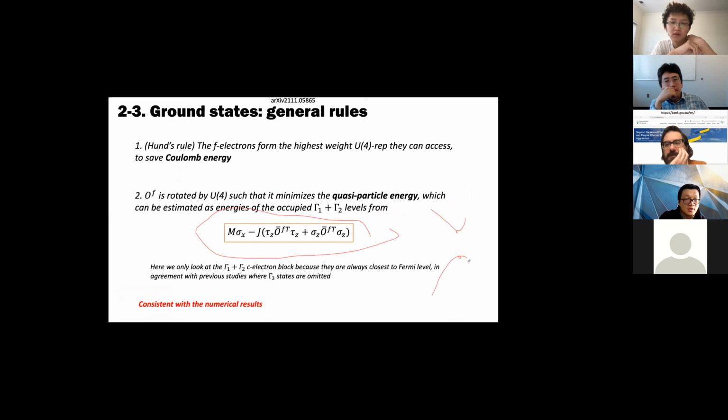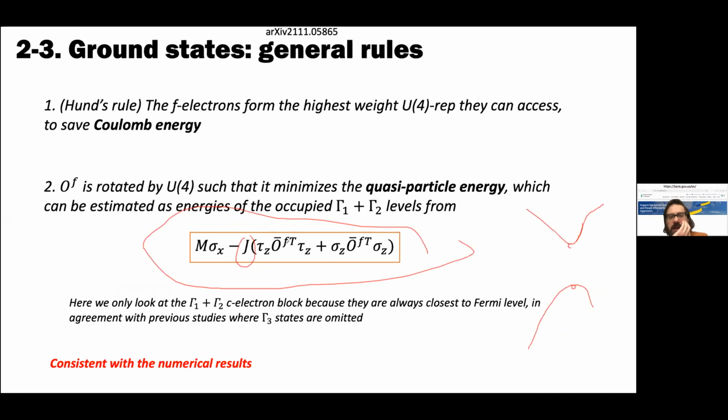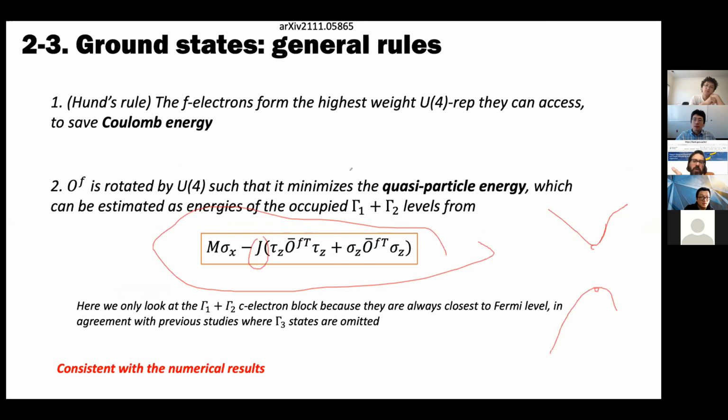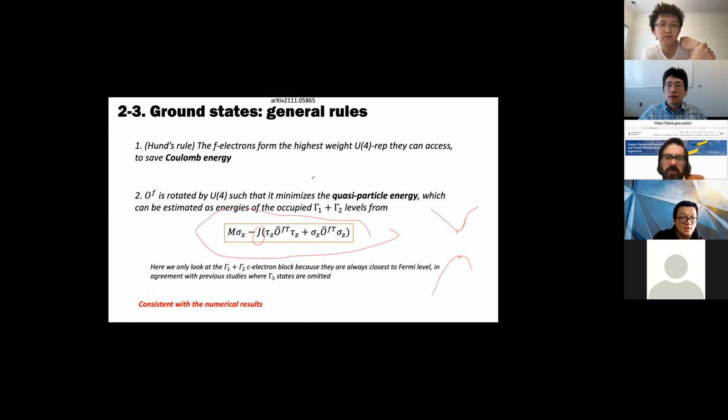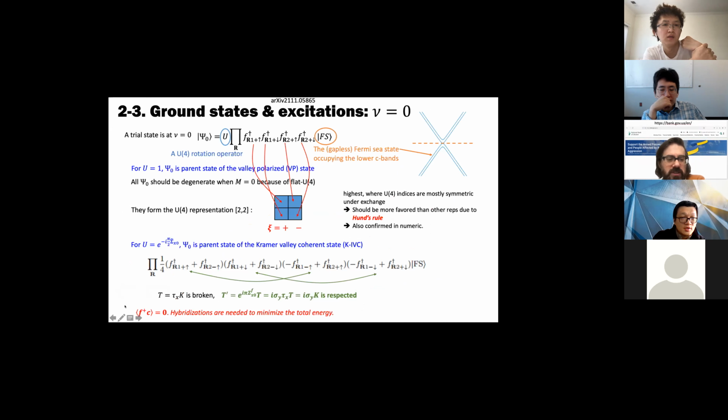This is the gap at the gamma point of the heavy fermion model with polarized F electrons. This is the result after one-shot Hartree-Fock. So you take this correlated ground state, where just the F electrons give you the filling.